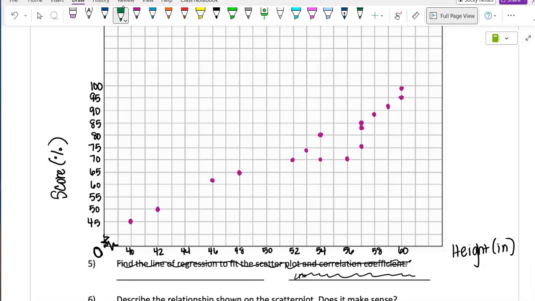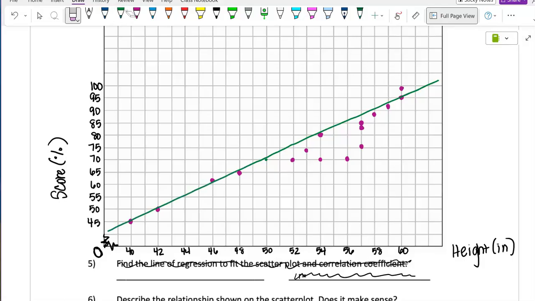So I do need to make sure that this line goes through 2 grid points. And it looks like I can use one of those points as 60/90. And I think I'm going to be able to do 52/70. So I'm going to use those as my 2 points to draw my line.